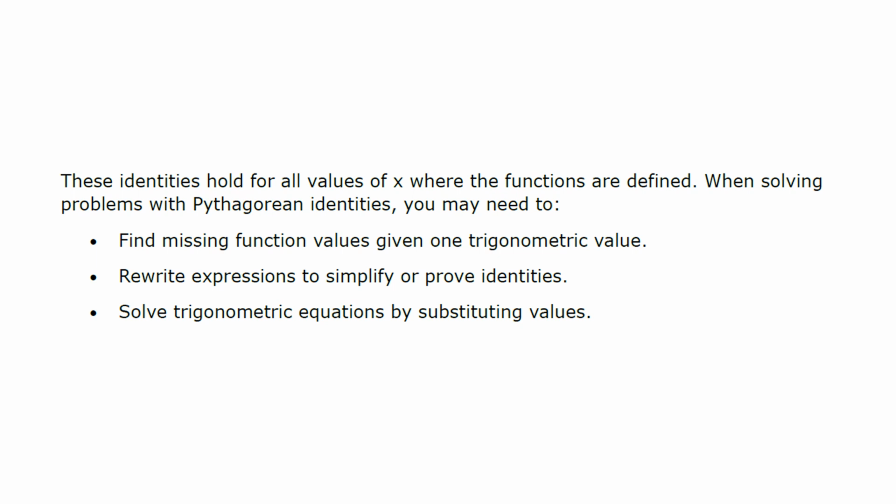These identities hold for all values where the functions are defined. So when solving problems with Pythagorean identities, you may need to find the missing function values given one trigonometric value, then rewrite the expressions to simplify or prove identities, and then solve the trigonometric equations by substituting in values.